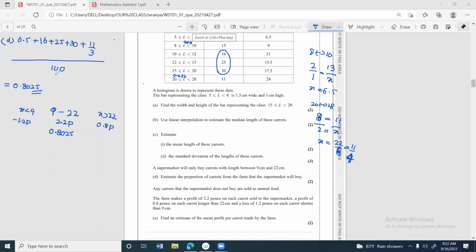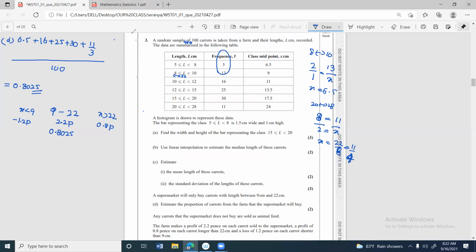So in this case, now we have to see what is the proportion of carrots which is less than 9. Less than 9 means this proportion and this proportion. We have to see whether the proportion of X is less than 9.